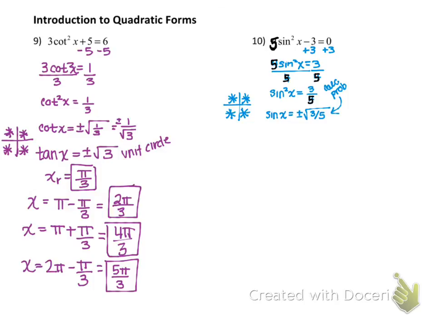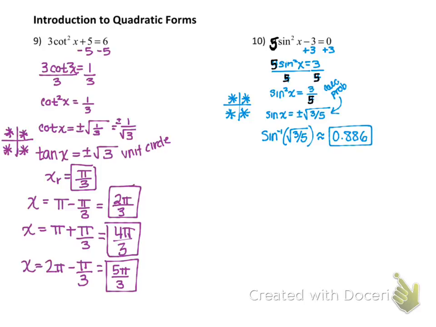So my reference angle is going to be the inverse sine of the square root of 3 over 5. And I don't need to rationalize it because it's not my final answer, and I already know that it's not on the unit circle. Rationalizing just helps us identify if it's on the unit circle or not. And I get 0.886. And this is my first solution in quadrant 1.